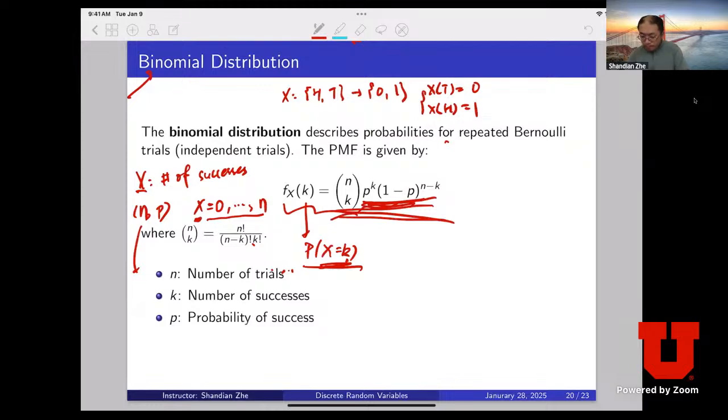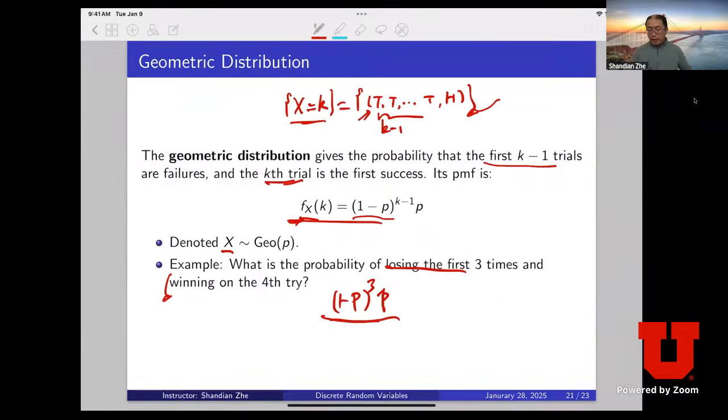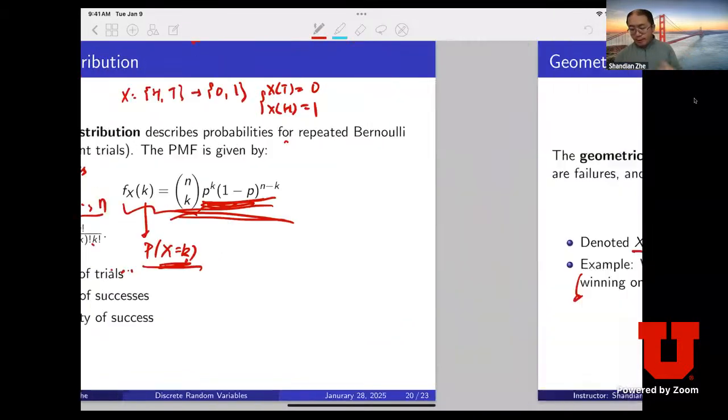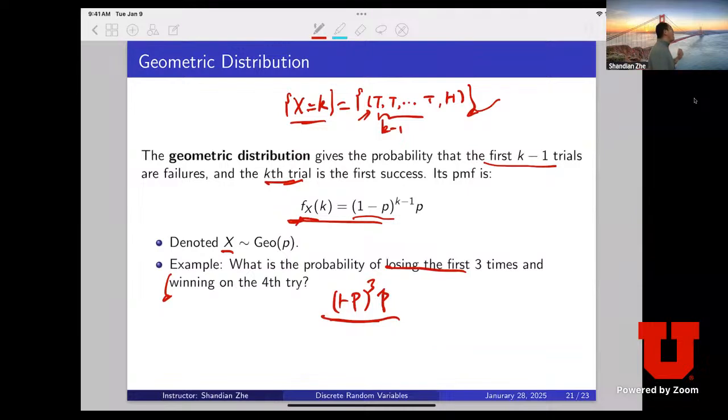Okay, in addition to the binomial distribution, another commonly used distribution is called the geometric distribution. The geometric distribution is actually just specifying the probability for a particular type of sequence.